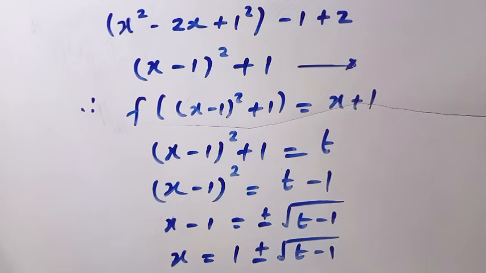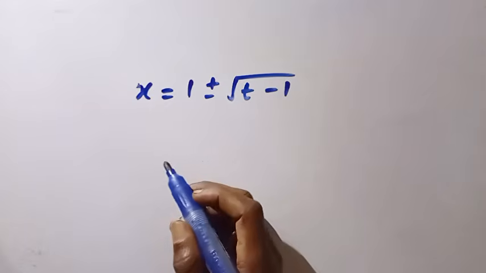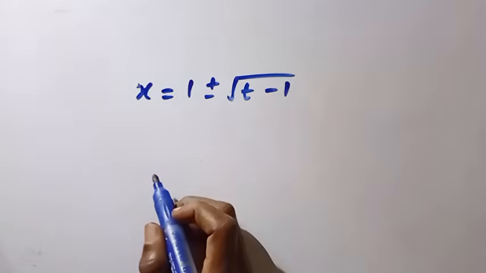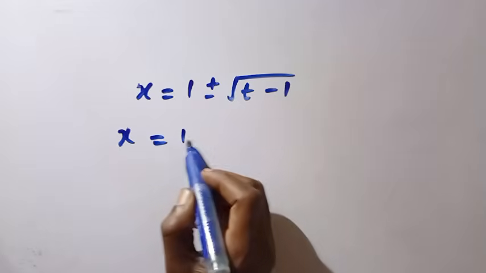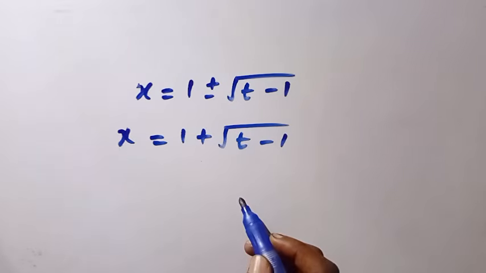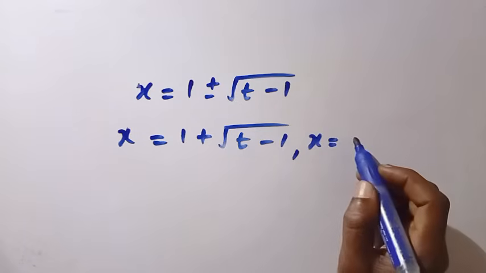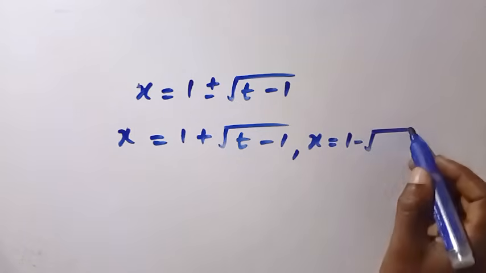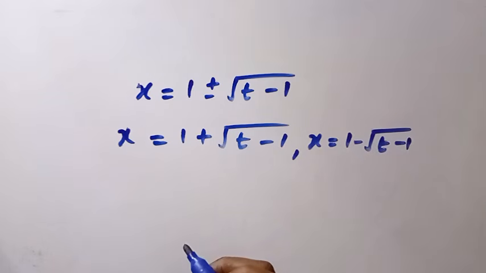Then we take the back substitution. If this is the value of x, then we have two branches. It's either x equals 1 plus the square root of t minus 1, this is the first branch, or the second branch, where we have 1 minus the square root of t minus 1.